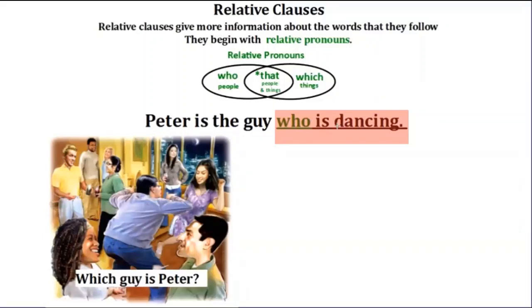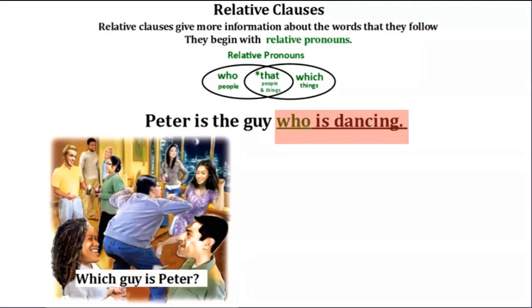If we didn't have this information right here, as it says, the relative clause gives more information about the words they follow. In this case, they give more information about the subject, right? So if we eliminate this part, we won't know who the guy is or who Peter is. Why?